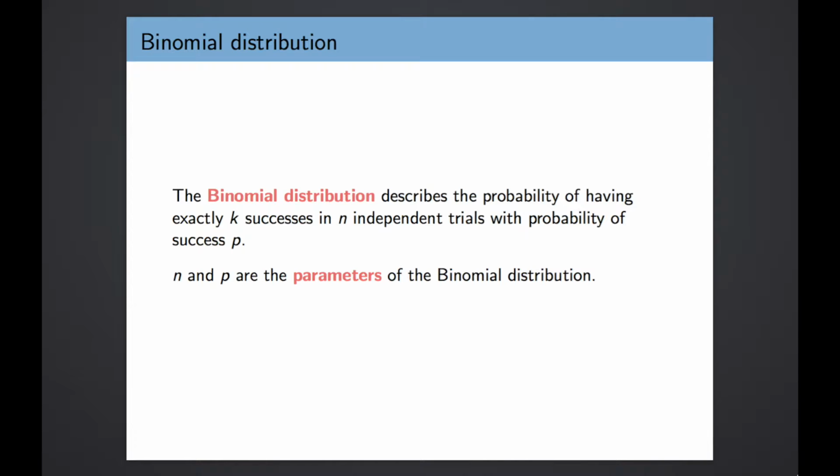So recall that the parameters of the normal distribution were the mean and the standard deviation. In a binomial distribution, the parameters that we're looking at are the number of independent trials and the probability of the conditions of success in any individual trial.